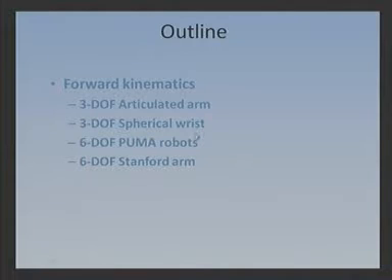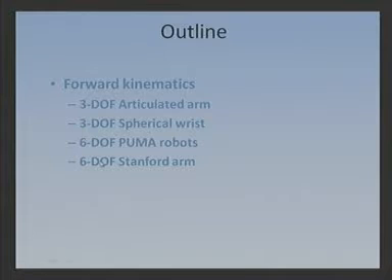The wrist is used for orienting a rigid body. So when we go through the solution of the 3 degree of freedom articulated arm and the 3 degree of freedom spherical wrist, these two can combine to make a complete spatial robot, and that is the 6 degree of freedom Puma robot.